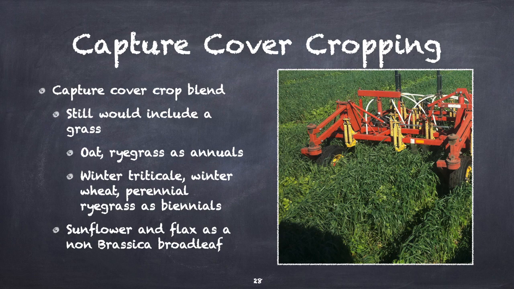Throw in sunflowers and flax as a non-brassica broadleaf, both of those are highly mycorrhizal, along with the rest of the grasses, because the brassicas and the beets are non-mycorrhizal. So the mycorrhizal fungi are not being supported by them. So to throw in that oat, or sunflowers or flax, it's a good way just to keep those mycorrhizae active and keep building those numbers.